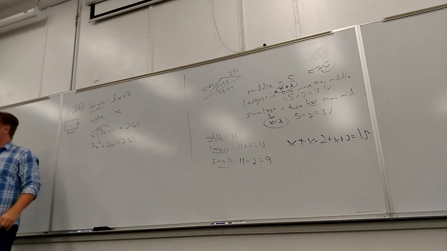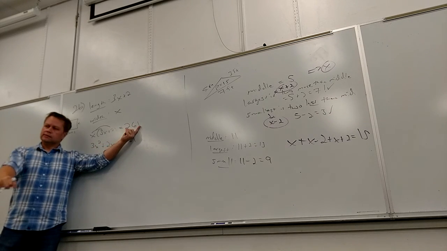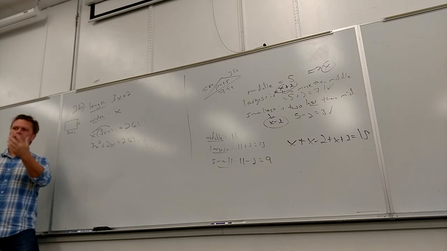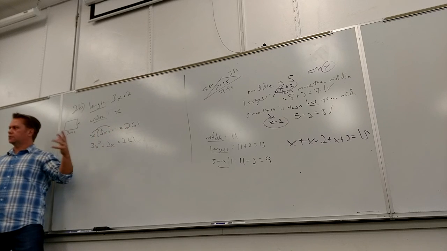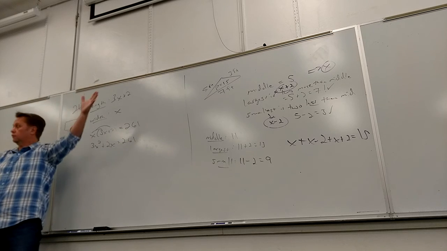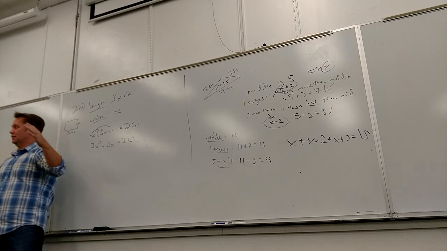I can't do that. That's what people are going to do. But it only works if this was a 0. We talked about that. If it equals 0, one of the things has to be 0. If it equals anything else, they could be anything, really. One of them could be anything, and the other one would be 261 divided by that.